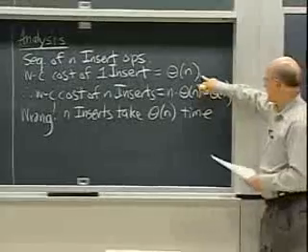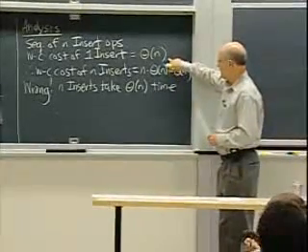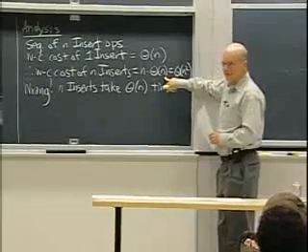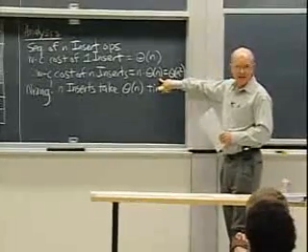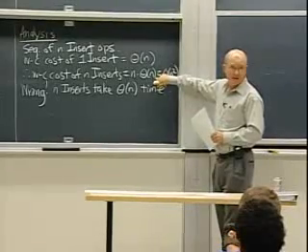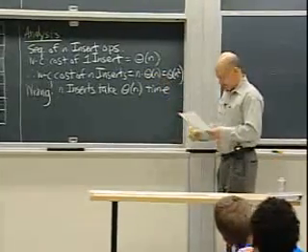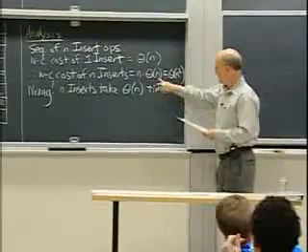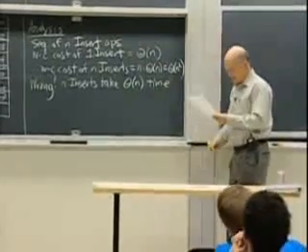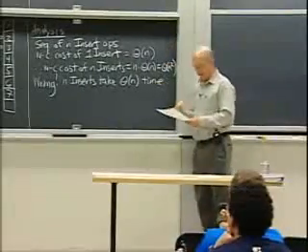So the analysis is correct up to the point where we said the worst case of one insert was order n. That's the wrong step. Okay? Whenever you see bugs in proofs, you want to know which step is the one that failed so that you can make sure that you don't have a confusion there. So let's do the proper analysis. Okay?